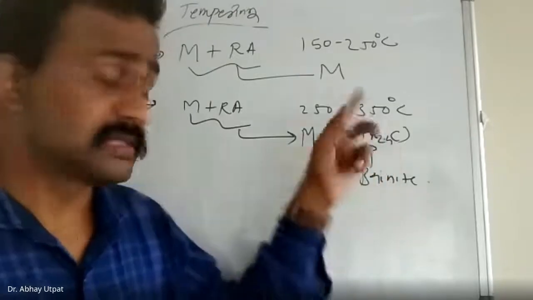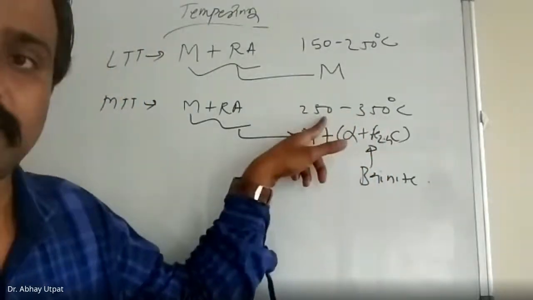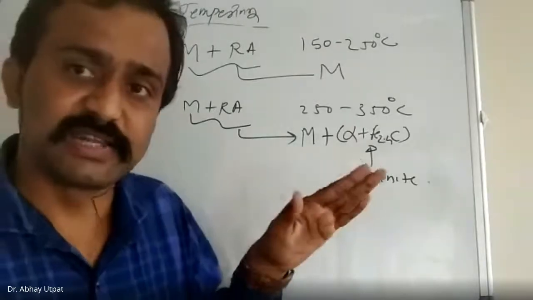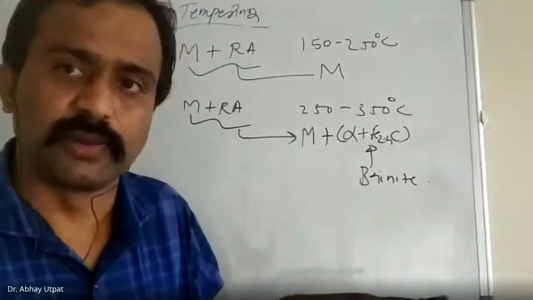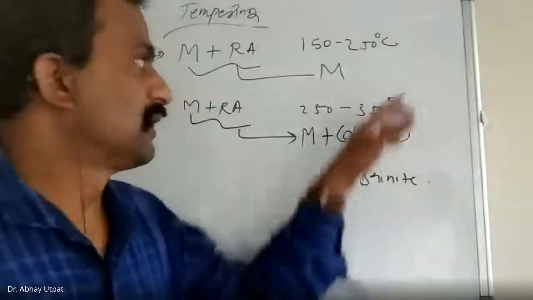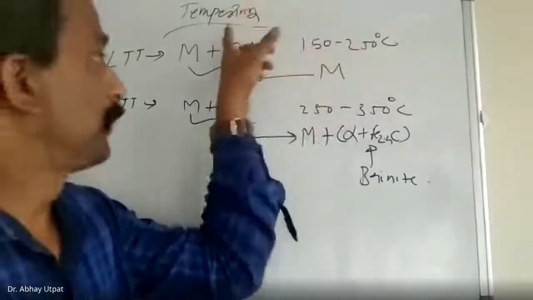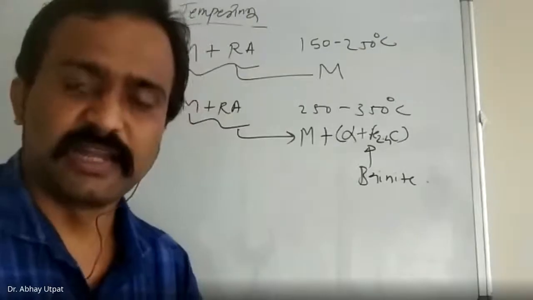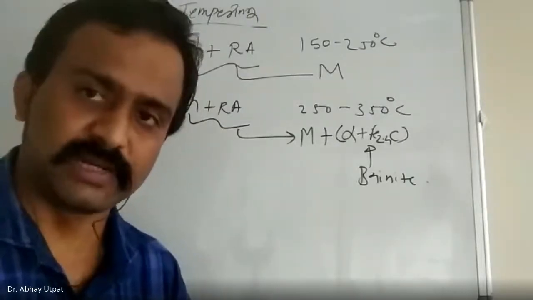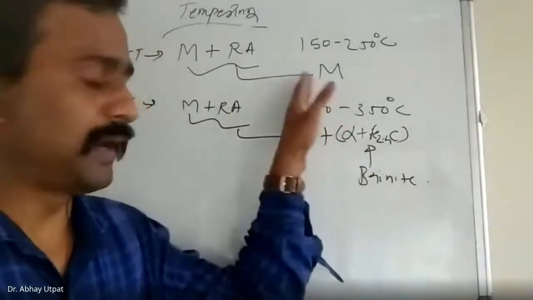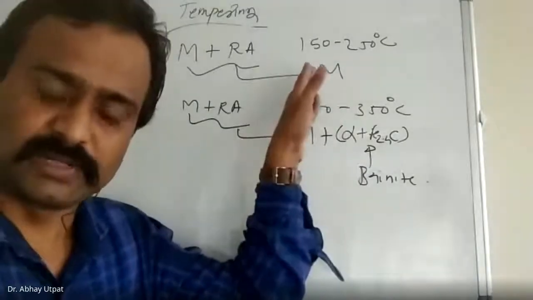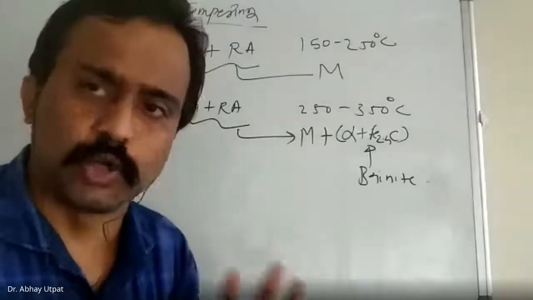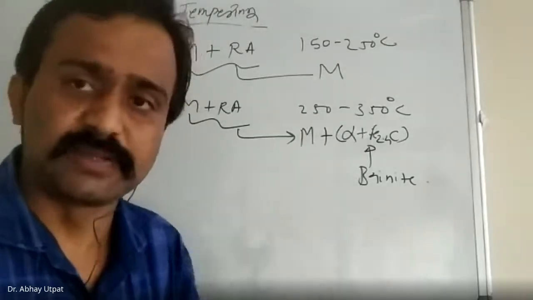Now, see the heating temperature. The earlier hardness of martensite is reduced to a little lower level. For example, before tempering, if hardness is 50 RC and you carry out low temperature tempering, your final hardness will be 45 RC, a 5 to 6 point loss, but toughness improved.